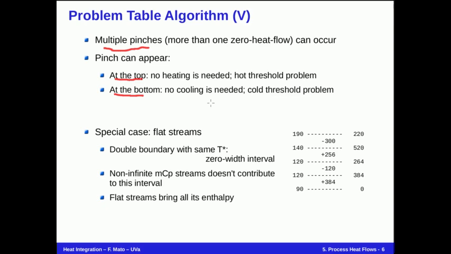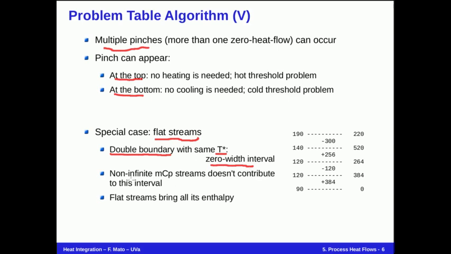You must also take into account the special case of flat streams, those that don't change temperature. For that, normally we place a double boundary with the same displaced temperature. This is a zero width interval in temperature.